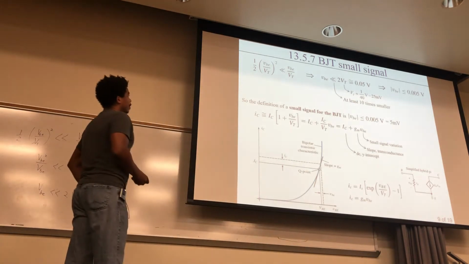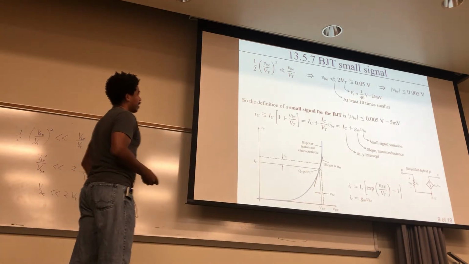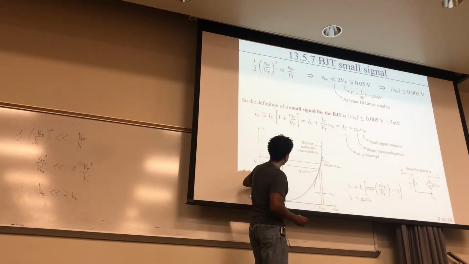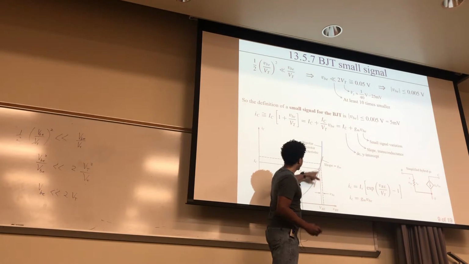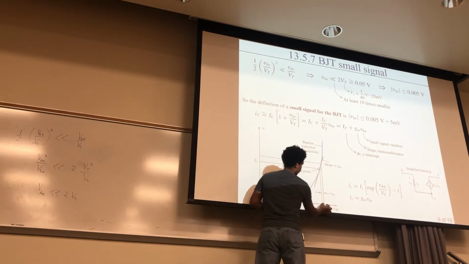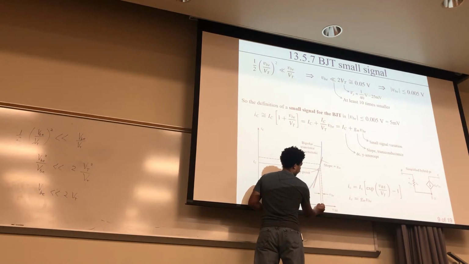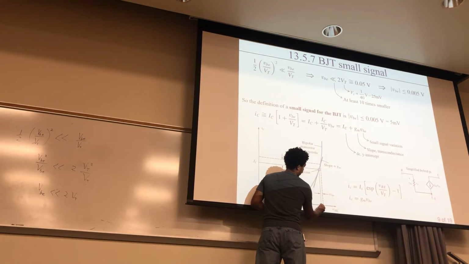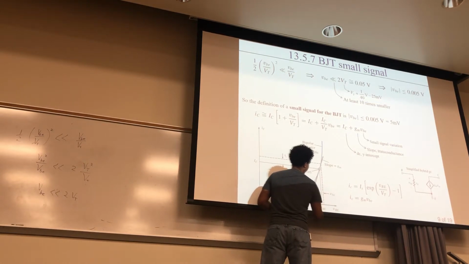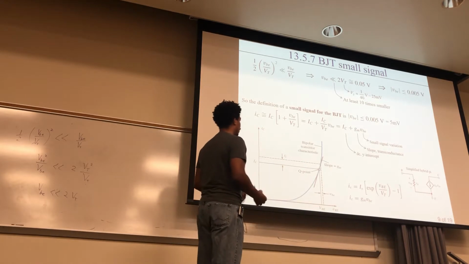So here's what the characteristic looks like. That's the Q point right here, and this is like your DC going over. Your sinusoid is going higher and lower by your VBE. Let's say this line right here is 5 millivolts. That's as high as you can go.